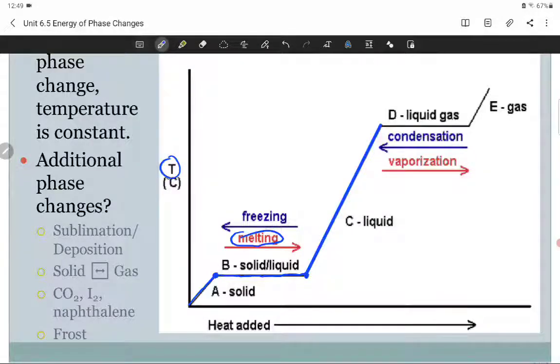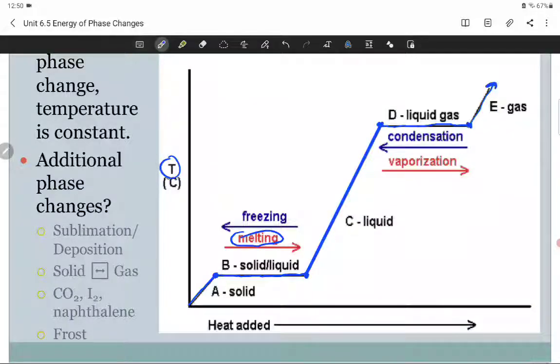Then, when it reaches its boiling point or vaporization point, it will stop increasing temperature, but it'll still increase in heat. And again, all that heat is going towards breaking all the intermolecular forces that hold the liquid together and not allow it to become a gas. And then, and only at that point, will the temperature start to increase again.